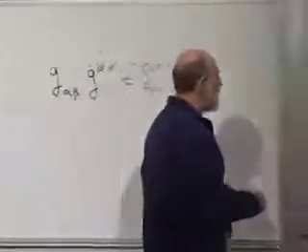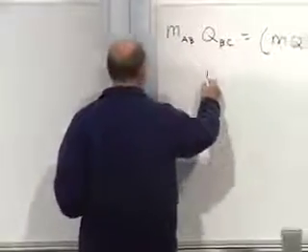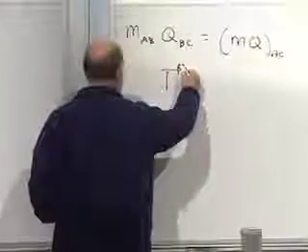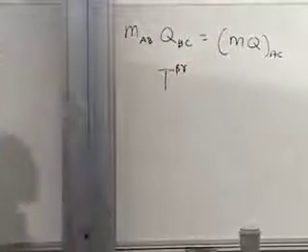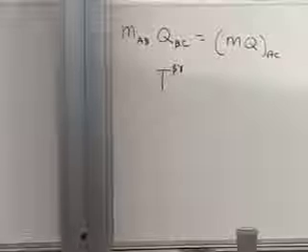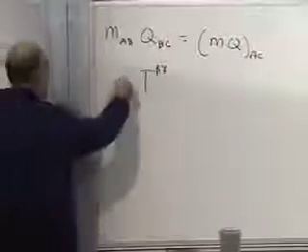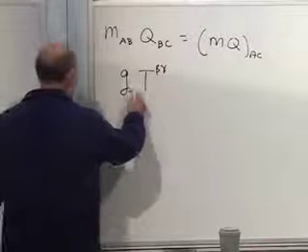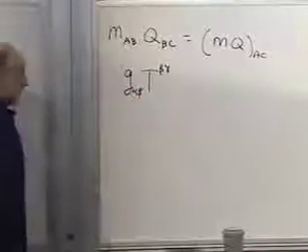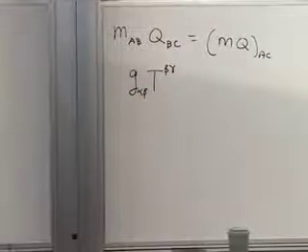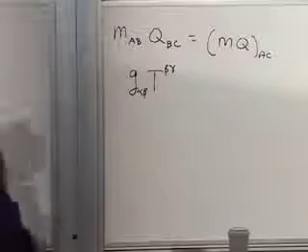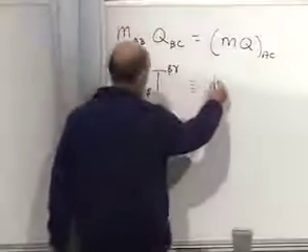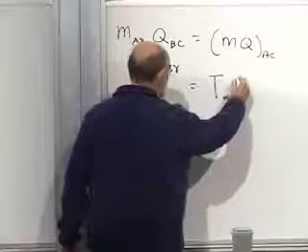So let's take some general tensor, T beta gamma, and I want to lower the beta index. What I do is I multiply it by G alpha beta and sum over beta. That lowers the index, and it gives me the tensor T alpha gamma.